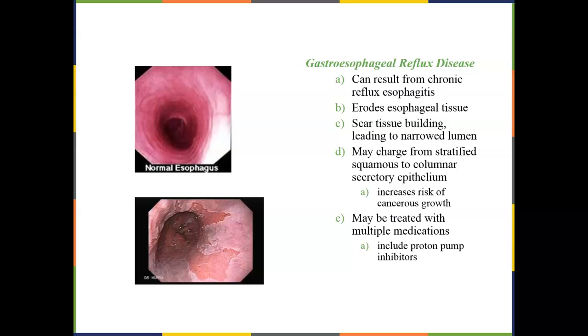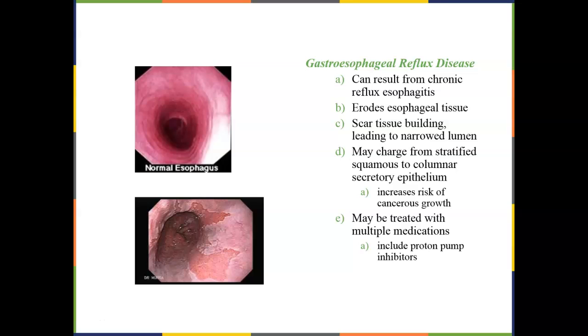formation of intestinal tissue in the esophagus, because intestinal tissue is more commonly used to getting that acidic material. So that would be like that pseudostratified columnar epithelium and simple columnar epithelium. And that would also lead to potential esophageal cancer.